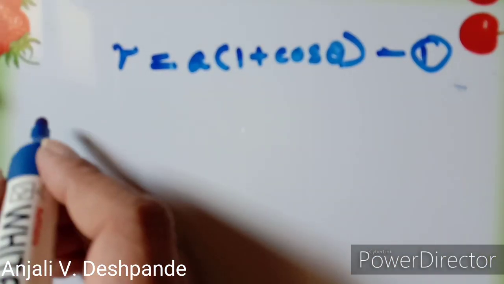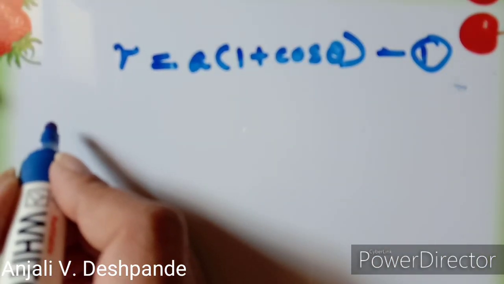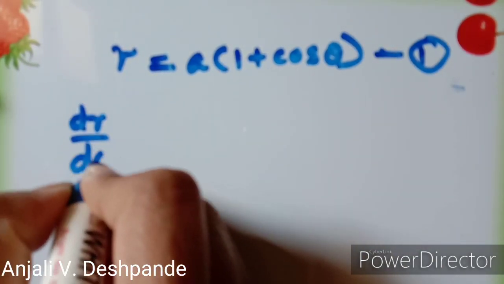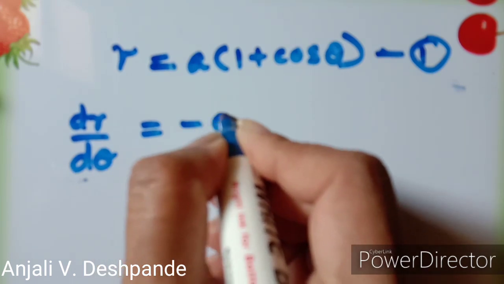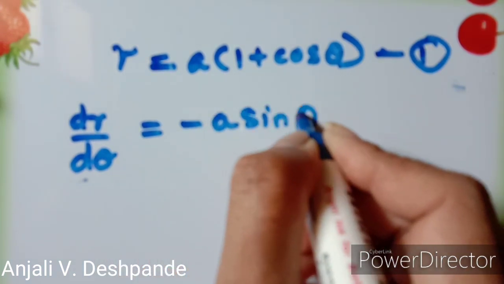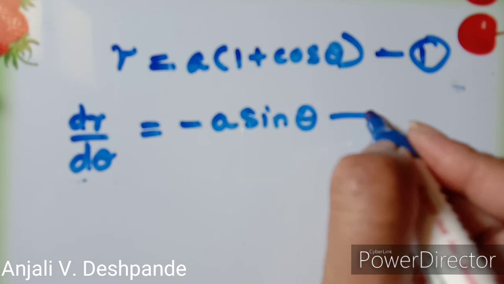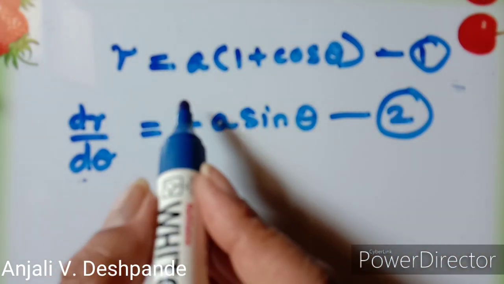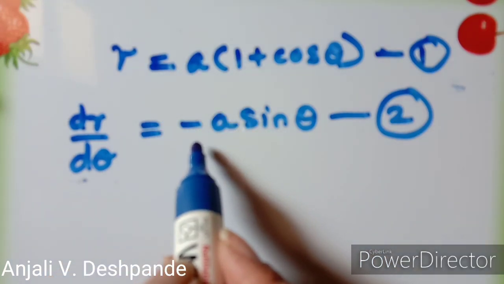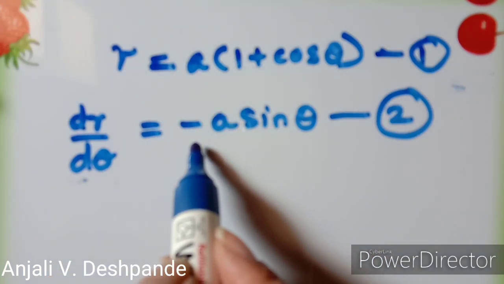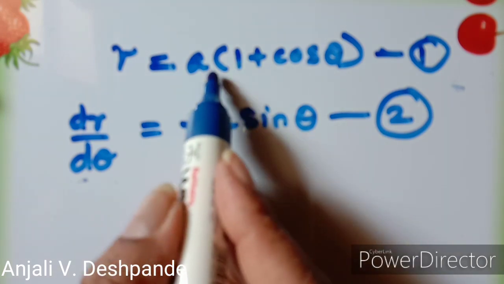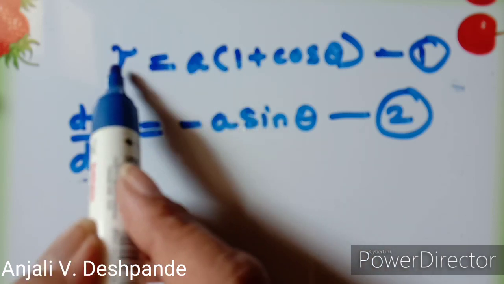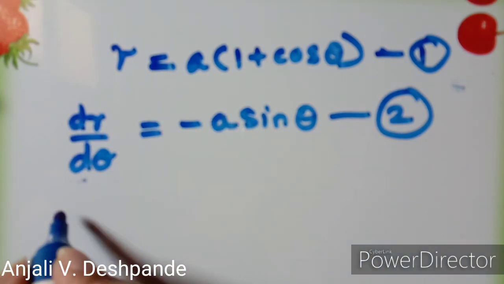So we differentiate this equation with respect to theta, and we get dr by d theta is equal to minus a times sine theta, and this is equation number 2. So from 1 and 2, we can easily eliminate a. From equation 1, I get the value of a as r divided by 1 plus cos theta.